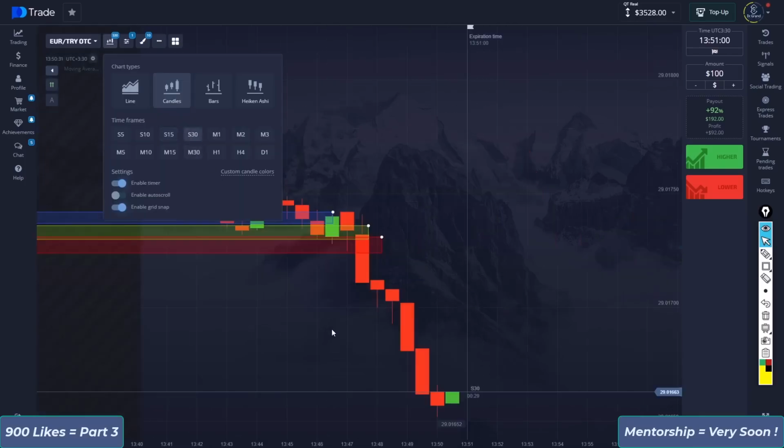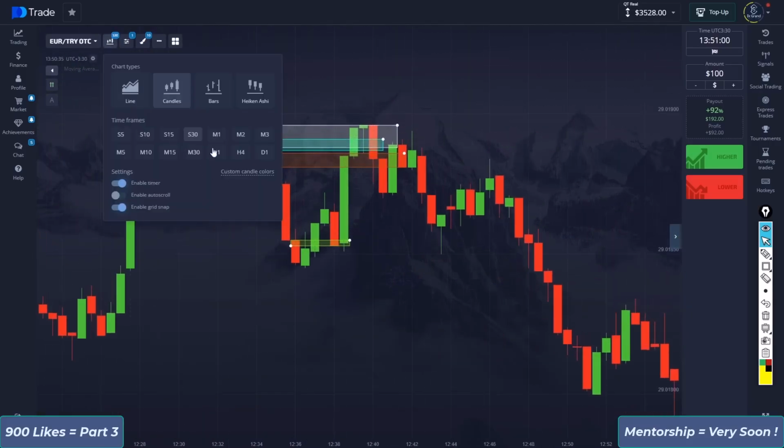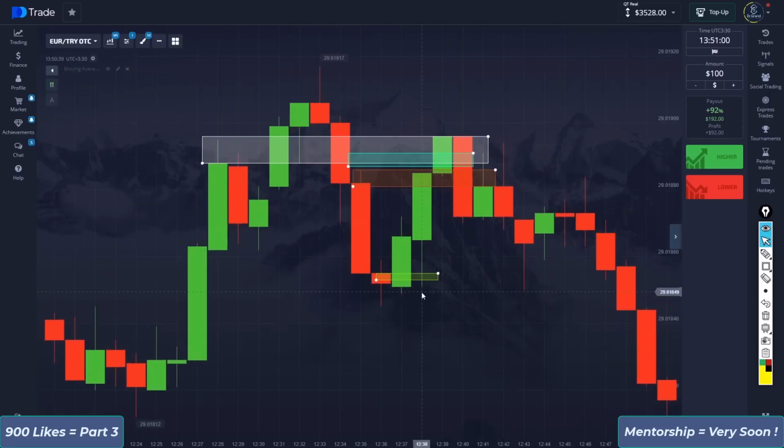Let's go to the 30-second and 1 minute. There we go. We have this engulf at 1 minute, and the creation of this QM right here is inside of this engulf. Okay, so we have the higher time frame confirmation.